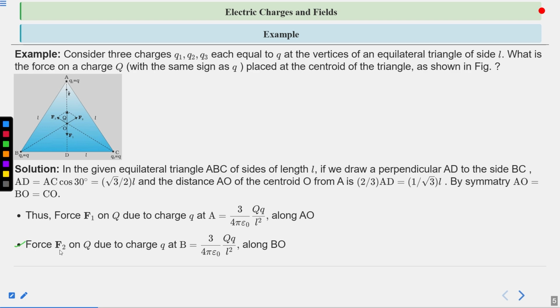Force F2, look here, F2 on charge Q due to charge q placed at B, is 3 divided by 4 pi epsilon naught, Qq divided by L square, and the direction is along BO. Now the remaining force is F3.